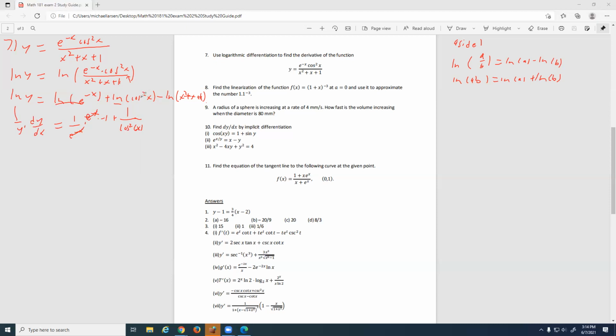So doing the derivative of cosine squared, we multiply by 2 times cosine x, and then multiply by the derivative of the inside, which is minus sine x. And finally, we have this final term here, minus, and then taking the derivative of this, we'll get 1 over x squared plus x plus 1 times the derivative of the inside, which is going to be 2x plus 1.